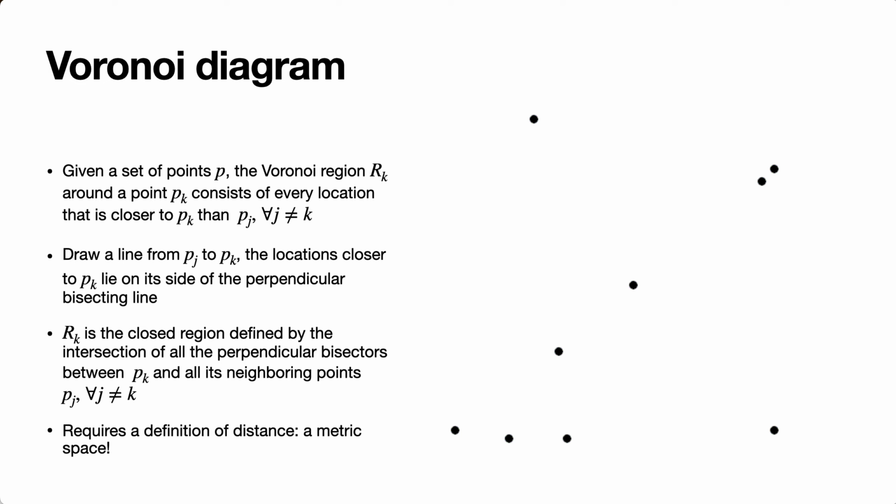Okay, so given this set of points, how can we find all the parts of a region that are closer to this data point, I'll just mark it in red, than any other? Well, for all the nearest neighbors to this point of interest, we can draw the line to those nearest neighbors.